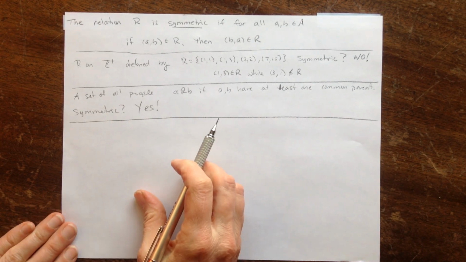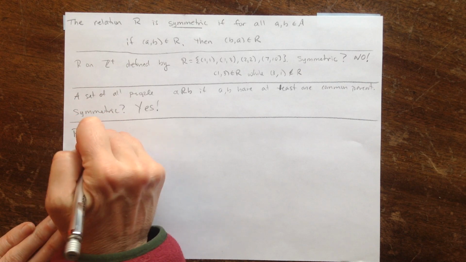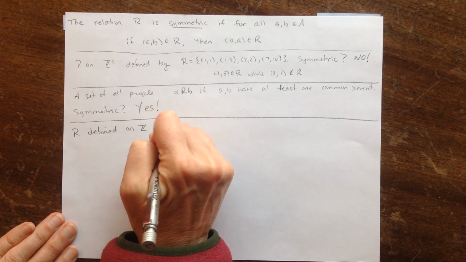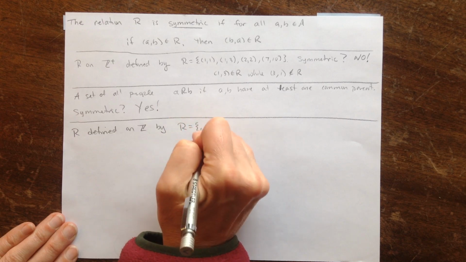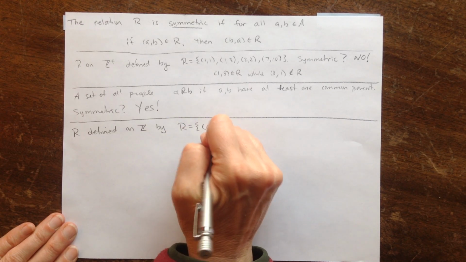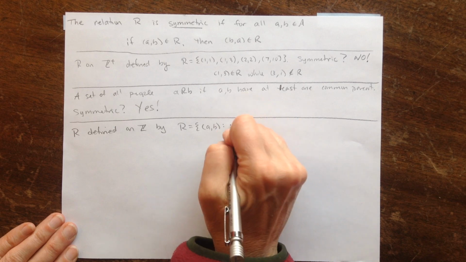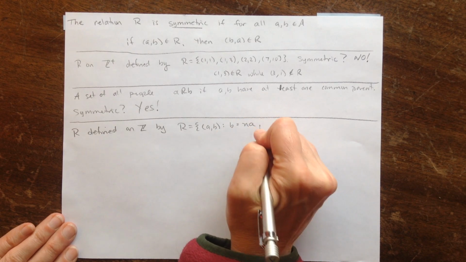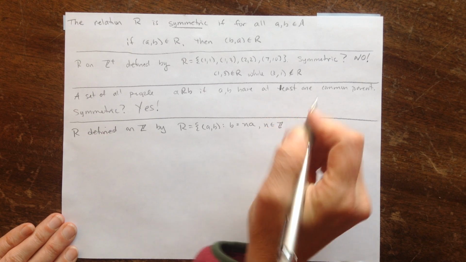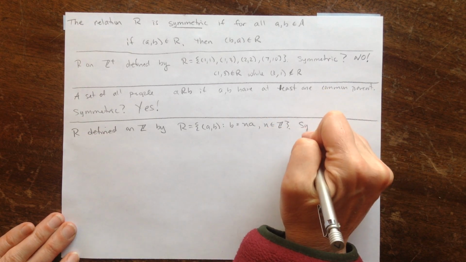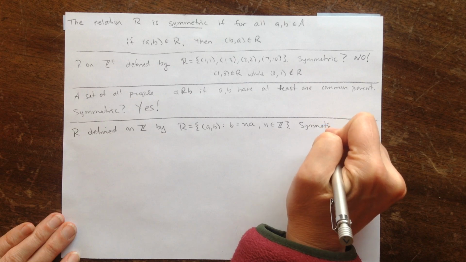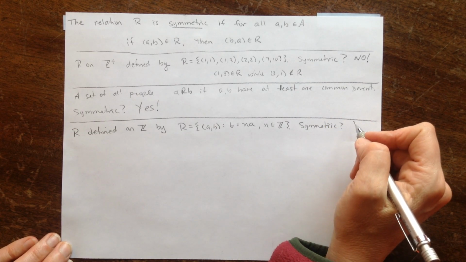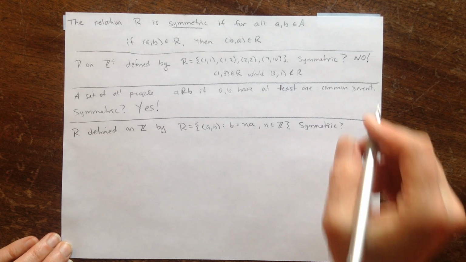Next example was the relation R defined on the integers by R equals the set containing ordered pairs (A, B) so that the second element in the ordered pair is an integer multiple of the first element. Symmetric? And I think we talked about this when I did the definition of relation.